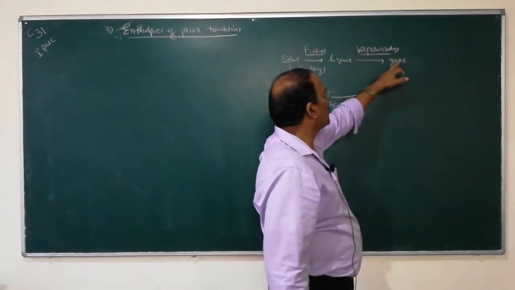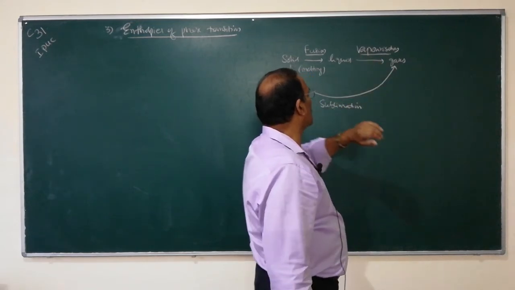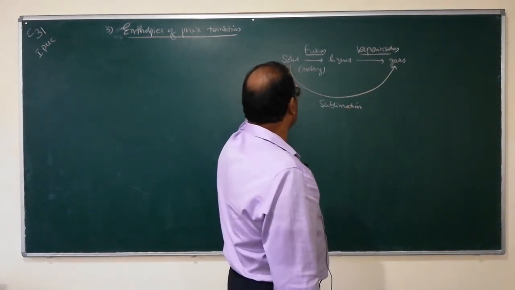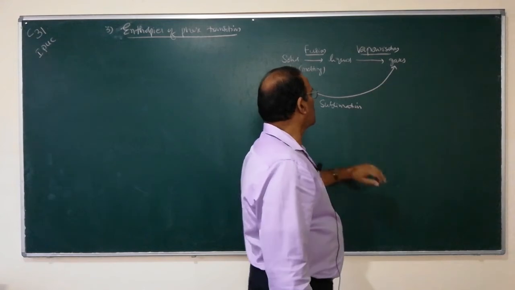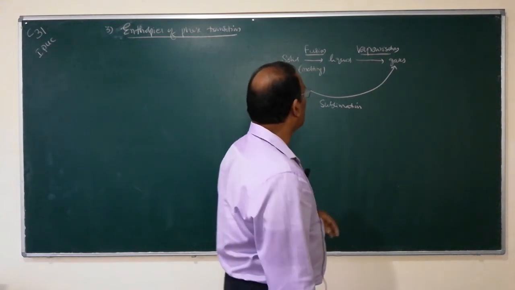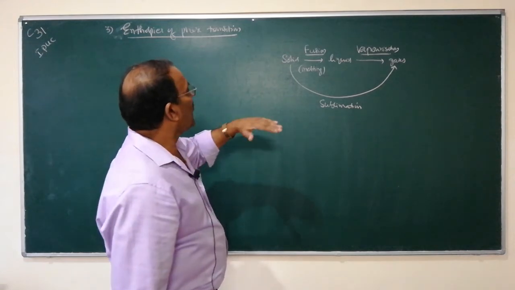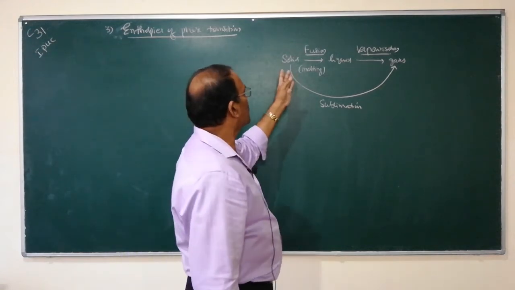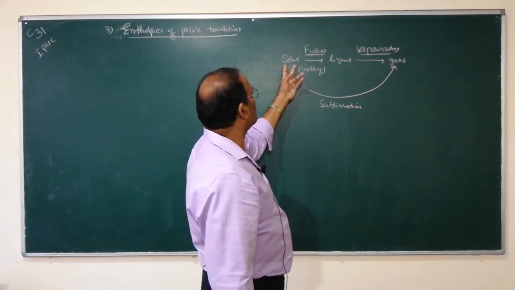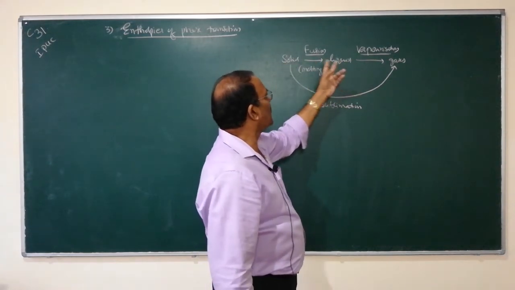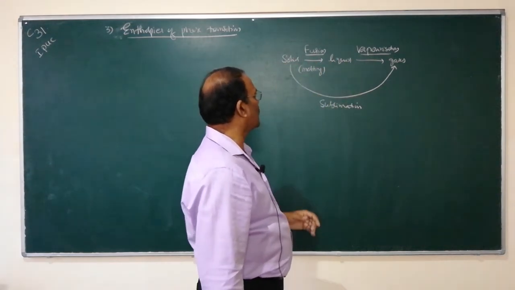Liquid state to gaseous state is called vaporization. Conversion of direct solid state to gaseous state is known as sublimation. So these are all called phase transition. So transfer of one phase to another phase is called phase transition.